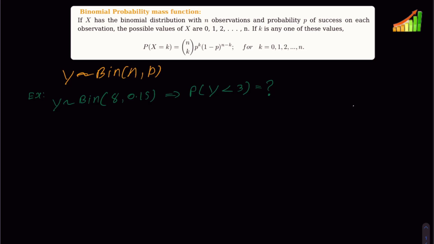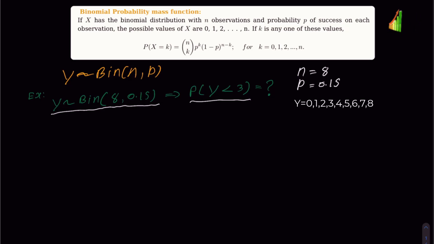Next example. If Y has a binomial distribution with n equal to 8 and success probability 0.15, we are asking for the probability of Y less than 3. First, let me write down the parameters: n is 8, and the success probability is 0.15. What are the Y values? Y can have any value from 0 to 8, because n equals 8.